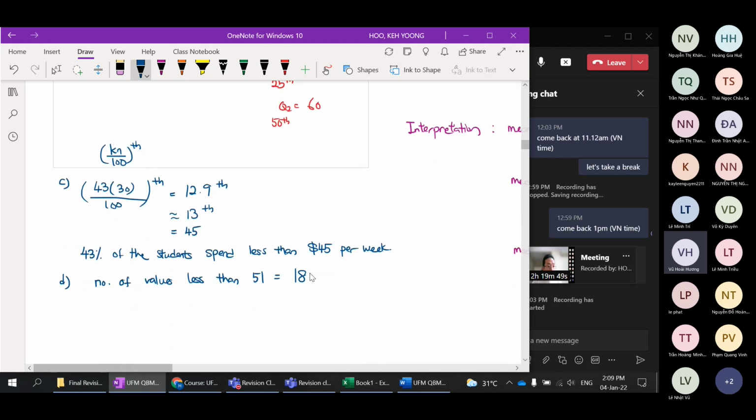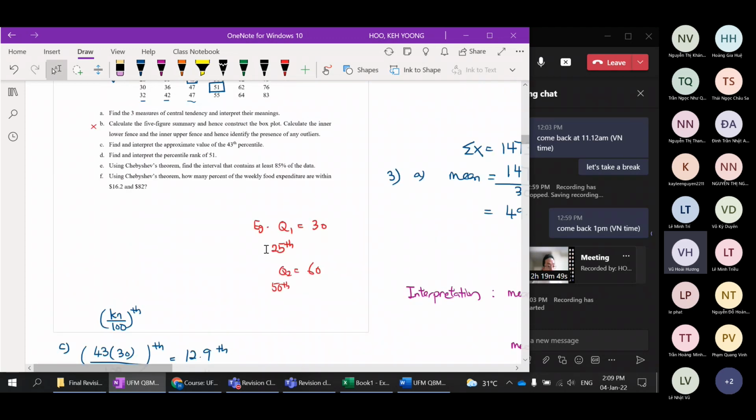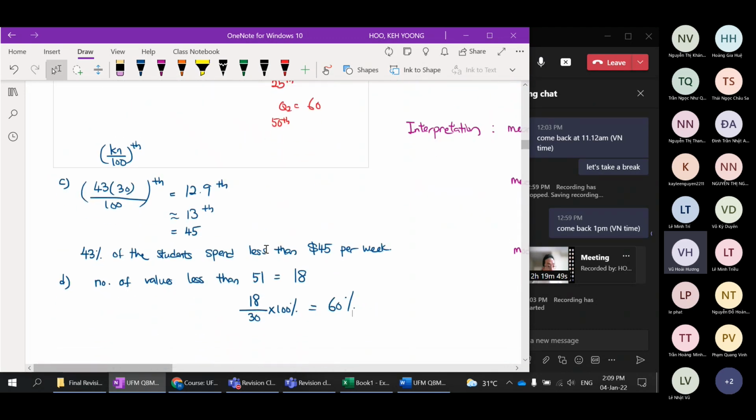First find the number of values less than 51. Next, calculate the percentage. Take 18 divided by the sample size, 30, times 100. So what is the percentage that is less than 51? Okay, so 60%. So the percentile rank for 51 is the 60th percentile or 60%.